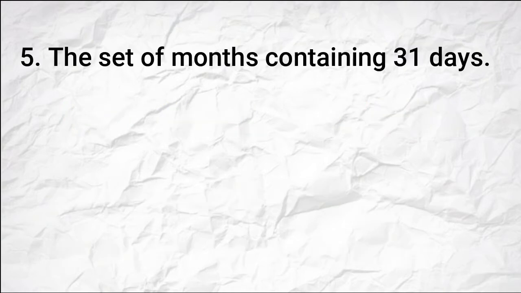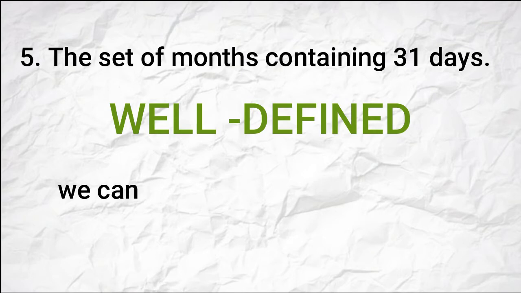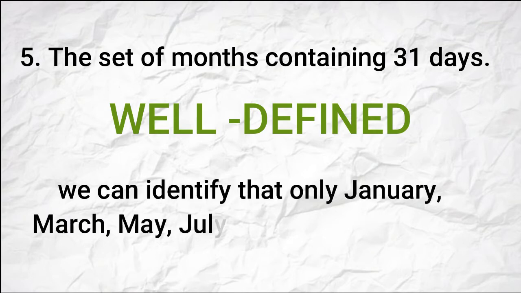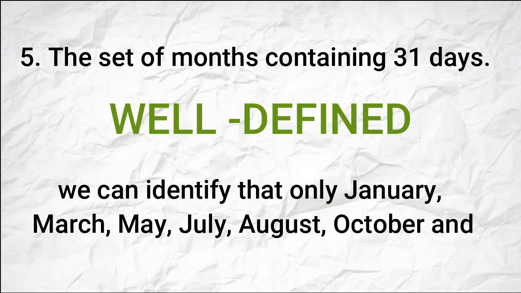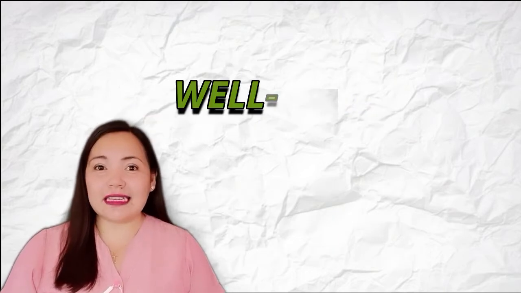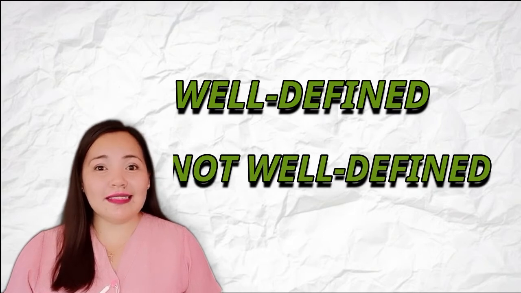Number 5, the set of months containing 31 days. It is well defined because we can identify that only January, March, May, July, August, October, and December have 31 days. Can you determine now which set is well defined and which is not?